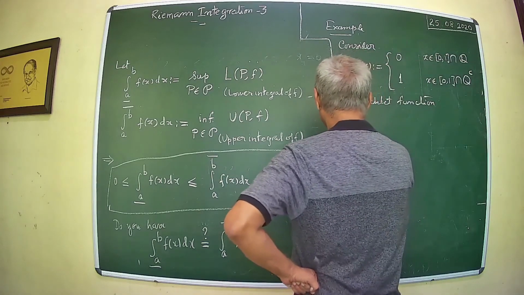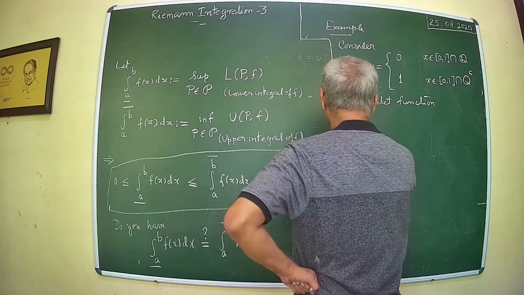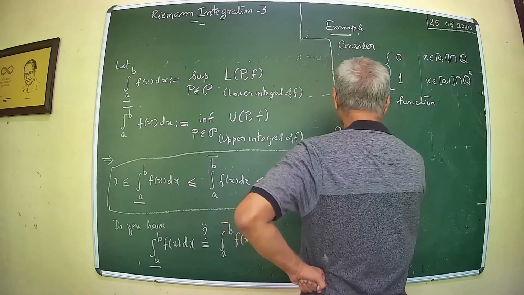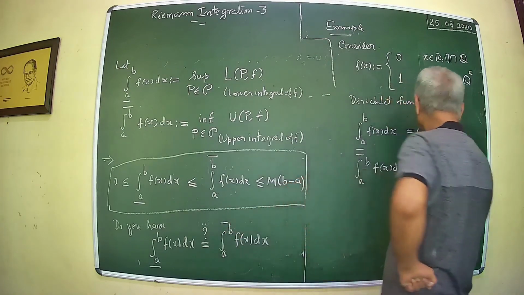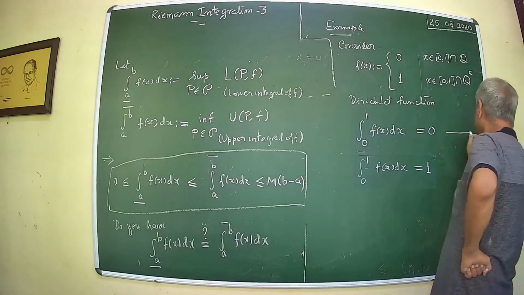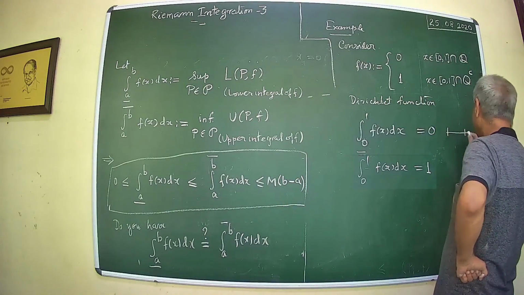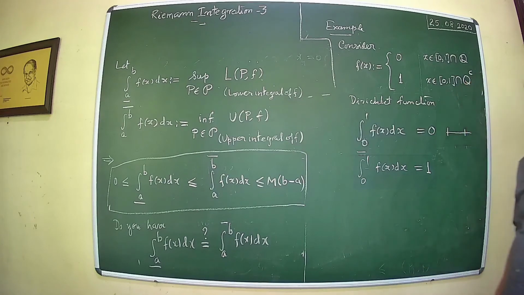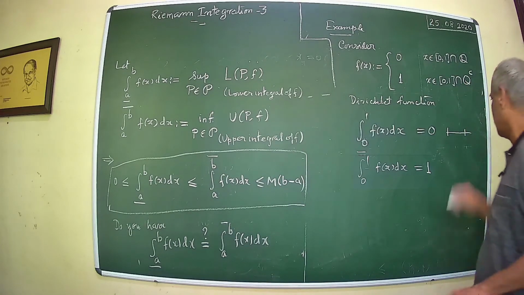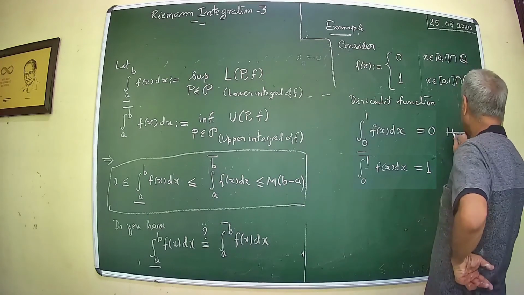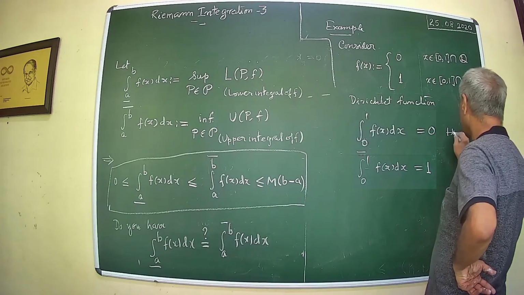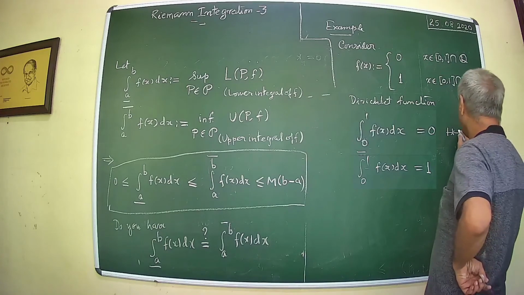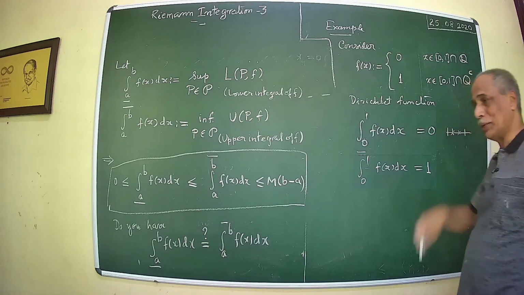The reason is that if you take any interval in the interval 0, 1, you will get a rational point, an element of Q, in it. You can also find an irrational point in it.